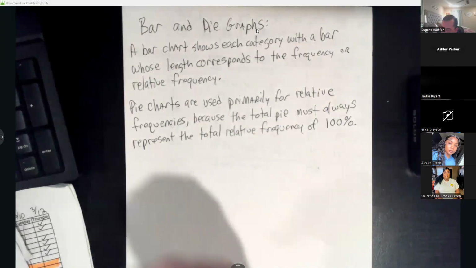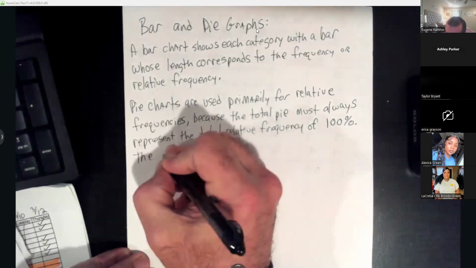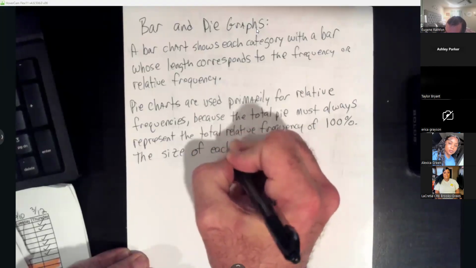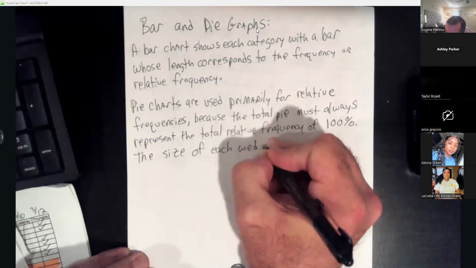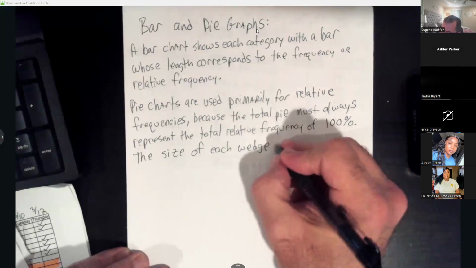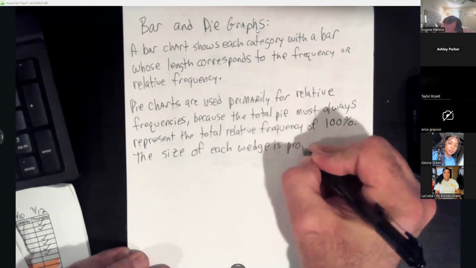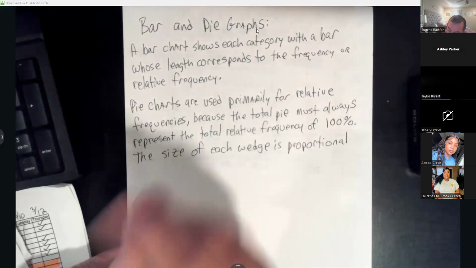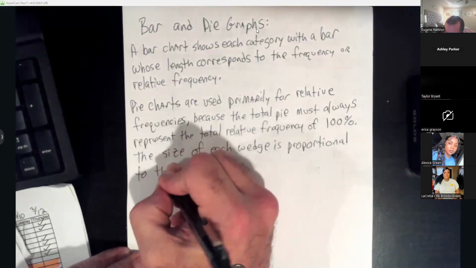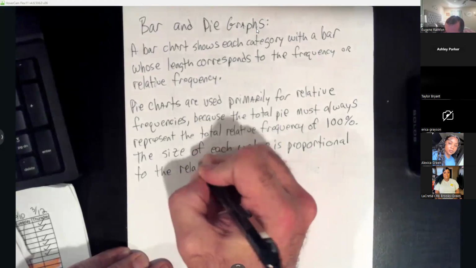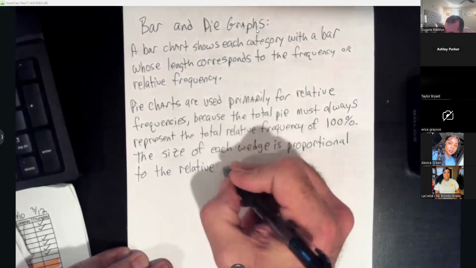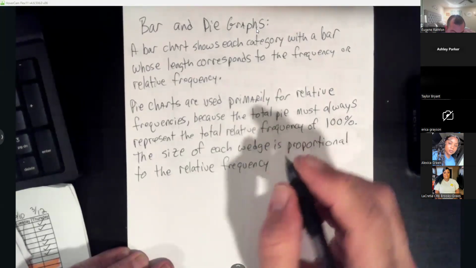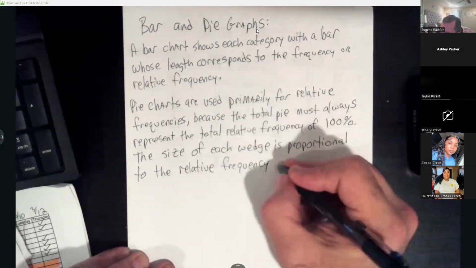Now on the pie charts, the size of each wedge is proportional to the relative frequency of the category it represents.